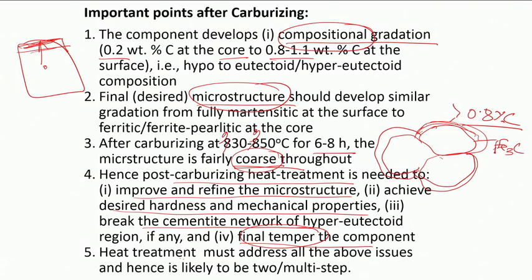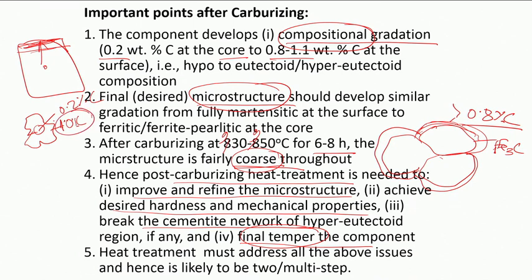But in general, if we now imagine that this is a component that we have carburized, and the core is 0.2%, and the surface is let's say 1% carbon. So obviously we are talking about as if two different steels merged into one.